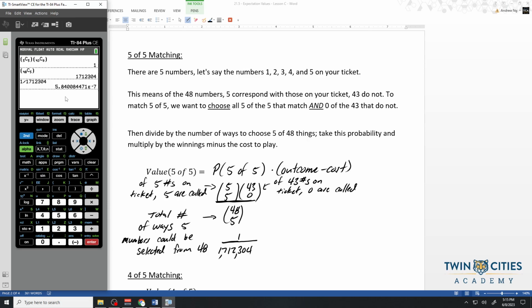A very, very small probability. Now that is going to get multiplied to the outcome minus the cost. If I get all 5 right, I win $100,000. Minus, it only cost $1 to play.